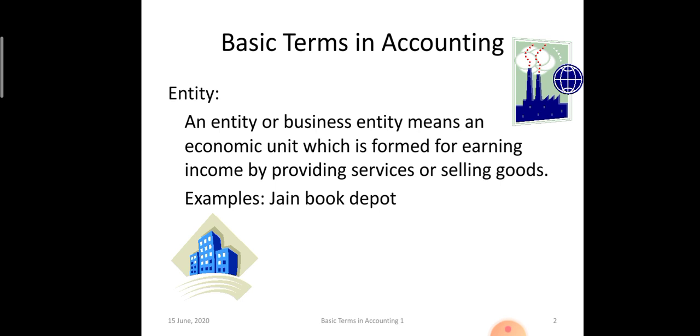Examples of entities can be like a stationery dealer, Jain Book Depot, or Popular Bookstore, or big industries like Reliance Industries, or Tata Steel, Tata Motors, Maruti Suzuki. All are examples of entities.